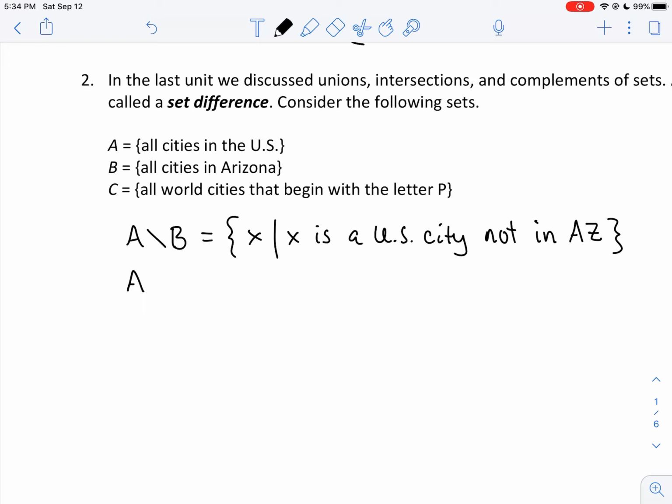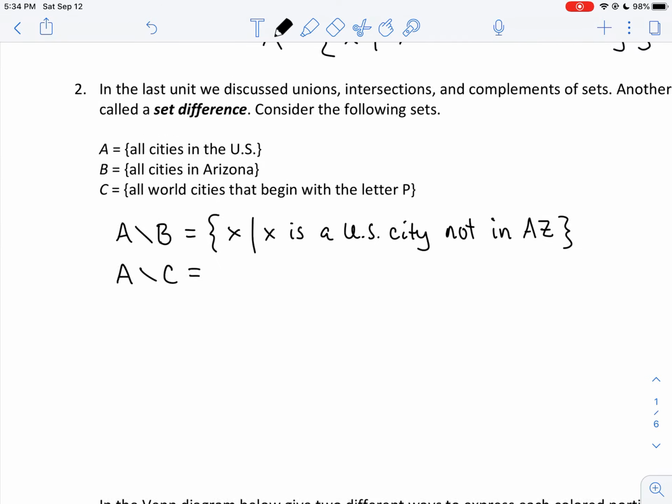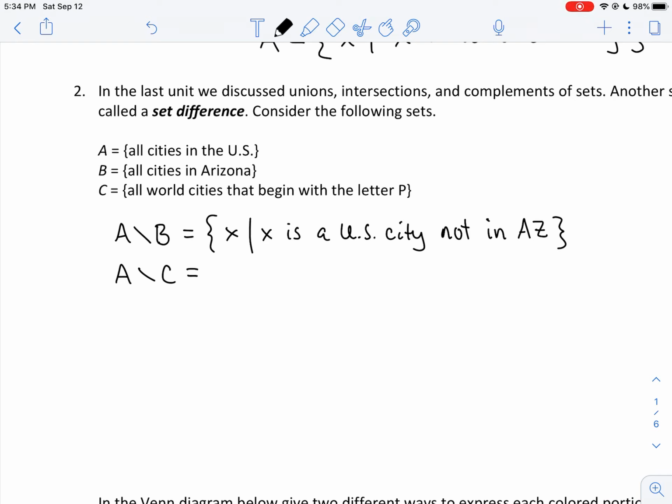How about A minus C? All cities in the US minus all world cities that begin with the letter P. Okay, so we have cities like Phoenix, that's in the United States, and plenty of other cities. And you have the French city Paris, or other cities like Prague that are outside of the United States.